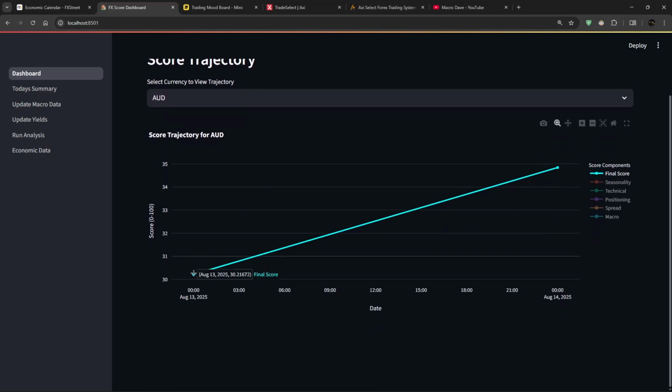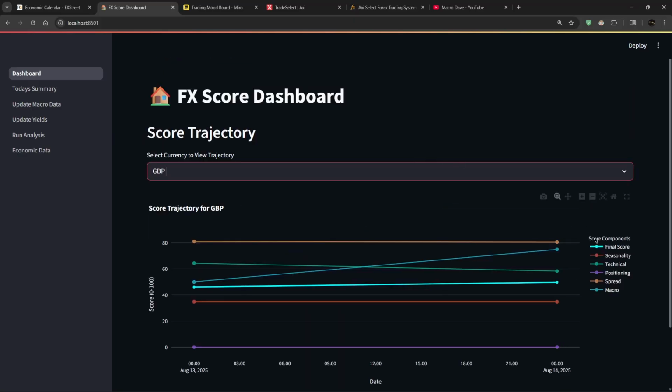It is meant to show you the trajectory of the Australian dollar over the past 6 months. You can look at the score of 34 and see that on August 14 the score was 34.8, and on August 13 it was 30. So even though the Australian dollar is bearish in my system, it is getting more bullish. This is something important to pay attention to, and you can see this for every other currency.